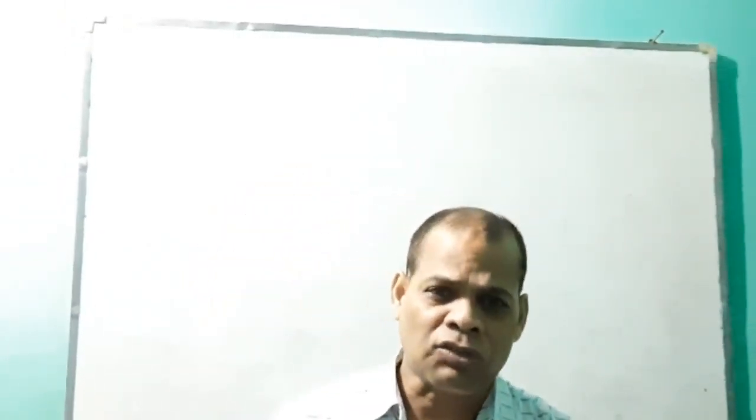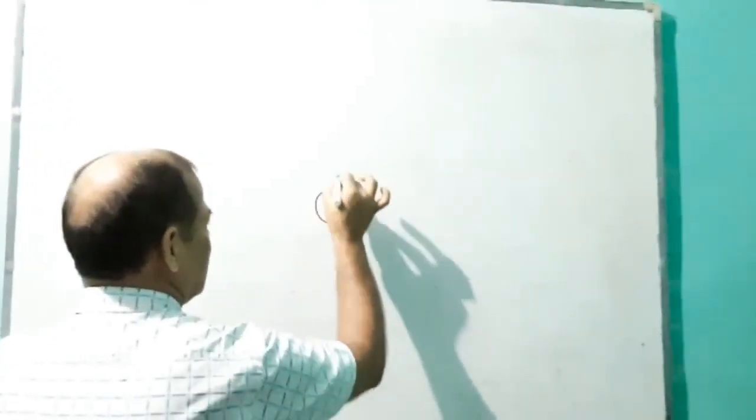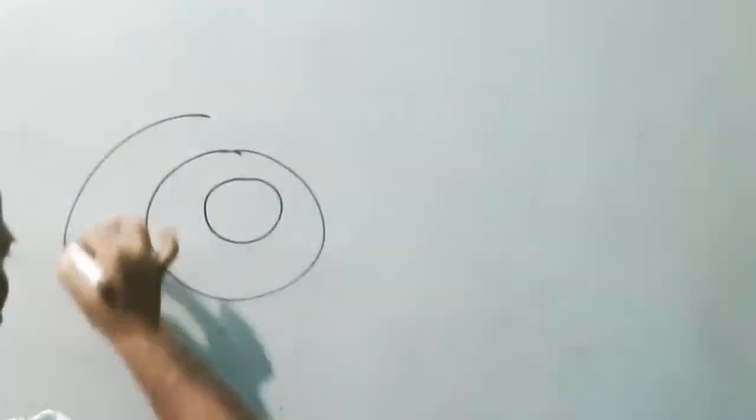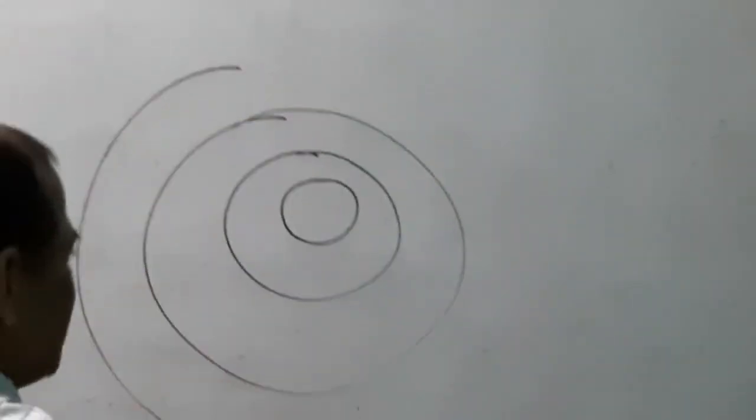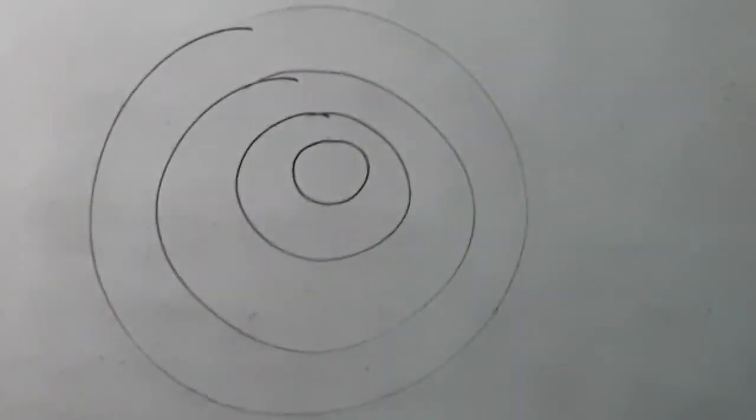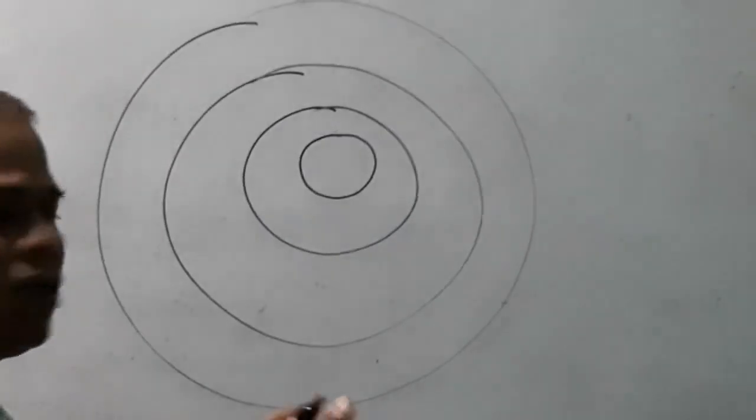In fact, the proton is present inside the atom and electrons are present outside the nucleus. Electrons are loosely held by the nucleus. I should not draw the figure right now, but to make you understand, that's why I am drawing it.